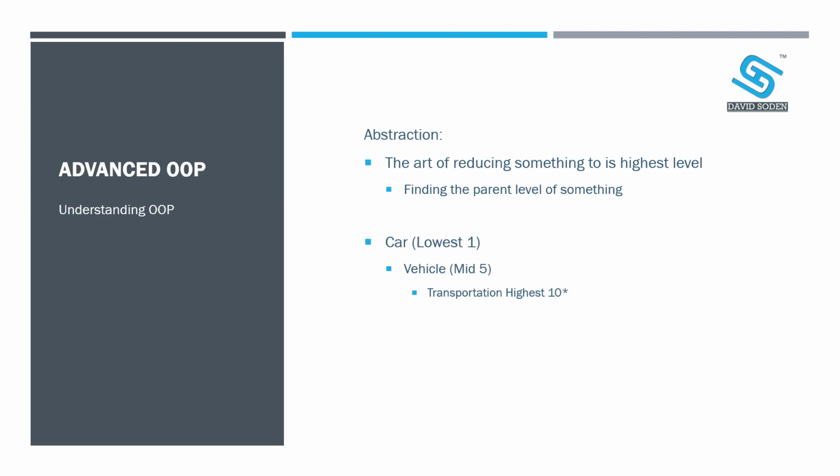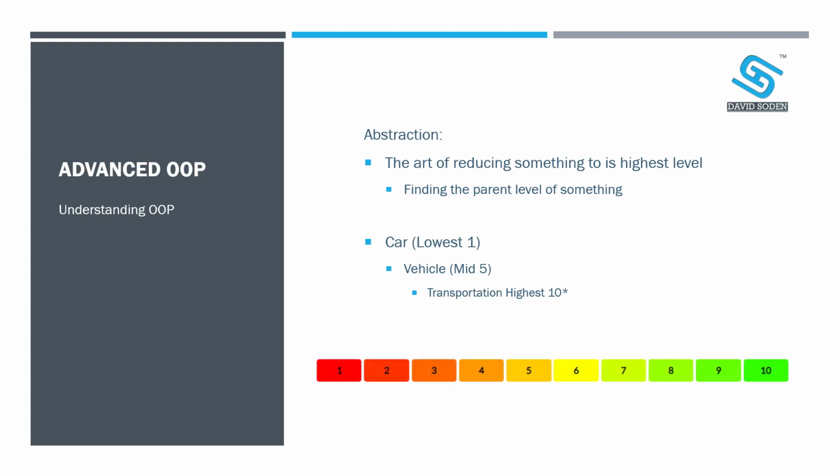If we can write it really well in the highest form of abstraction, and then do certain things, which I'm going to get into, but I'm starting to get ahead of myself, so I'm going to pause here. But I want you to think of abstraction on a scale of 1 to 10, with the car being 1, the vehicle being 5, and transportation being the highest level at 10.